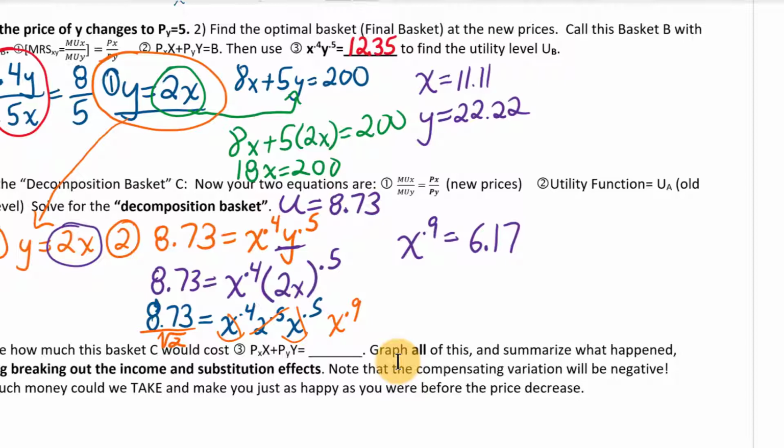And then in order to get rid of this exponent on both sides, we have to raise both sides to the inverse power, 1 over 0.9. And then we'll end up with x on the left-hand side, and on the right, I'm getting something about 7.5.